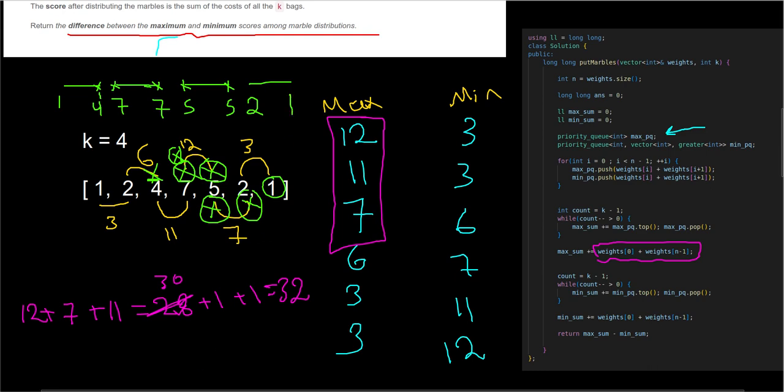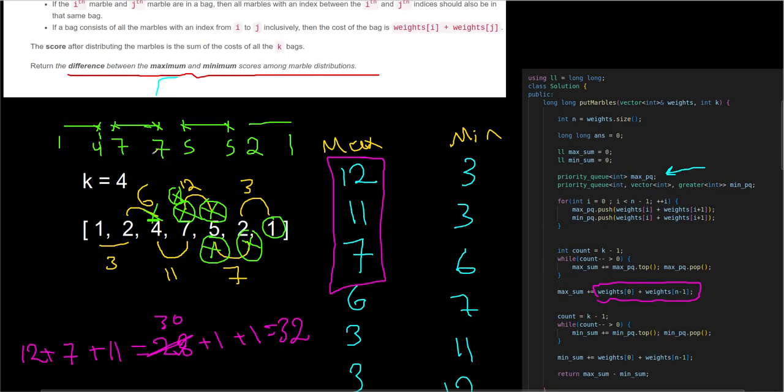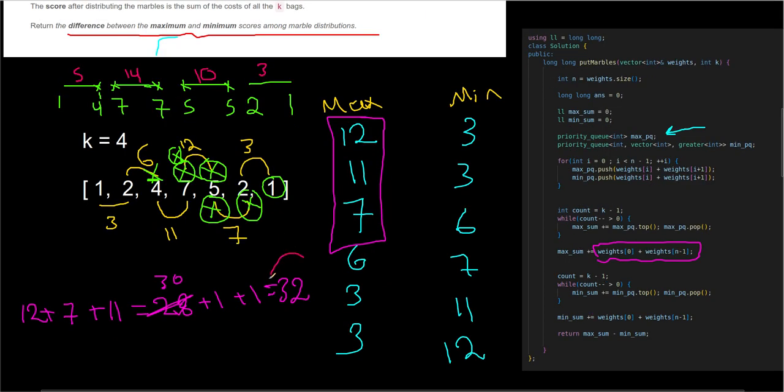So this will be the distribution for the bags, and the cost for the first bag is 5, for the second bag is 14, for the third bag is 10, and for the last bag is 3. 2 plus 1 is 3, and the summation for this is 5 plus 14, 19 plus 10, 29 plus 3, which is 32.